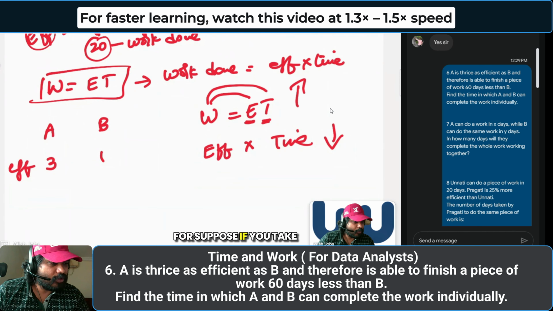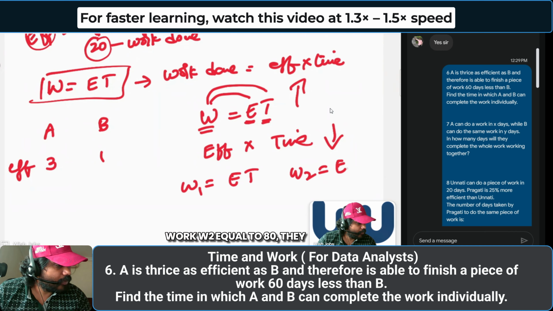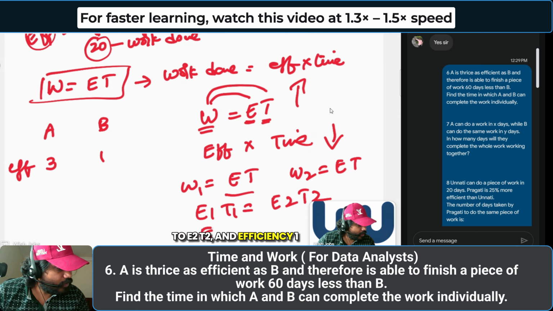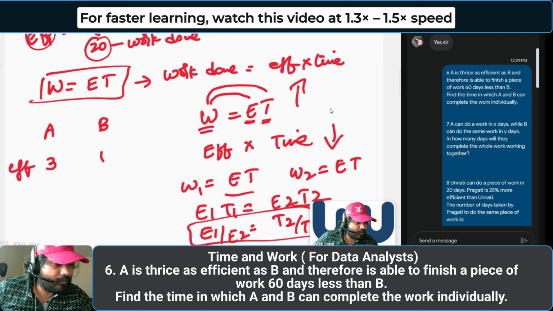For suppose there is a work W1 equals E1 T1 and there is another work W2 equals E2 T2, they will work like E1 T1 equals E2 T2, and efficiency 1 by efficiency 2 will be T2 by T1. That is inversely proportional. We'll use the same formula to find out the answer from here.